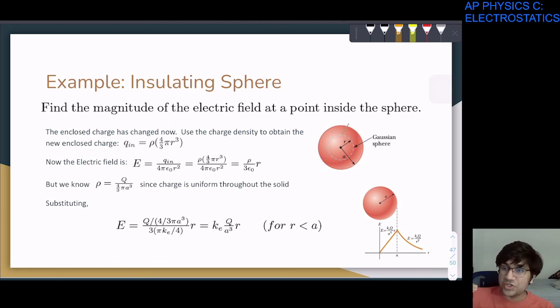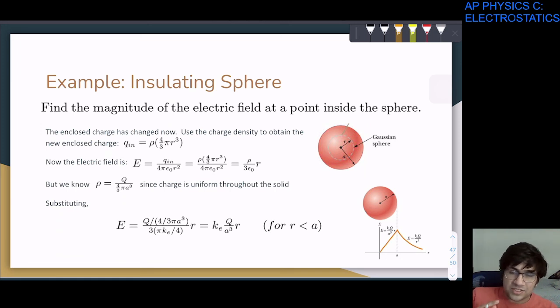And the only thing that's changed is that the electric field is still pointing out and our normal vector is pointing out. So we still have the trick of saying cosine of 0 is 1, so we can drop the dot product, and we can also pull the E out of the integral because it's going to be the same everywhere on the surface.